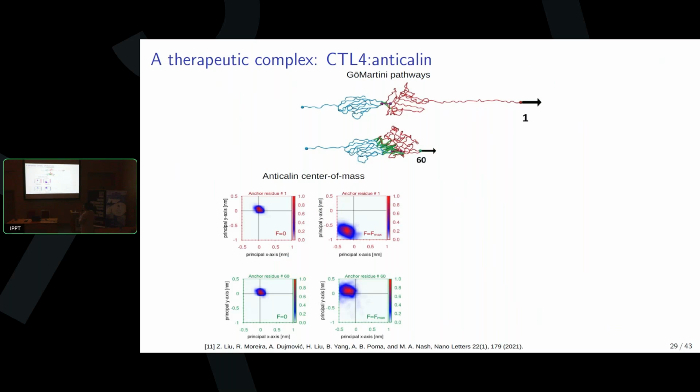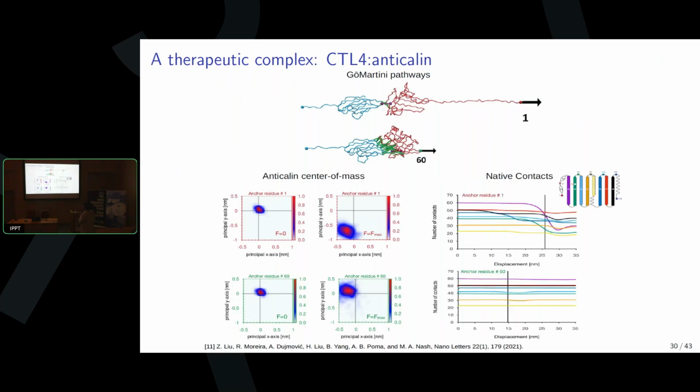After Fmax, there is a little bit of vibration where the center of mass shifts, but not as much as in the other case. Then it stays; it tries to change a bit, but it remains in a specific position due to the contacts, right? Since we also have control over the different pathways, we can repeat this several times and gain some statistics on the process.